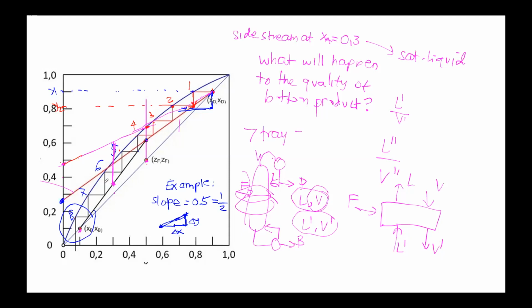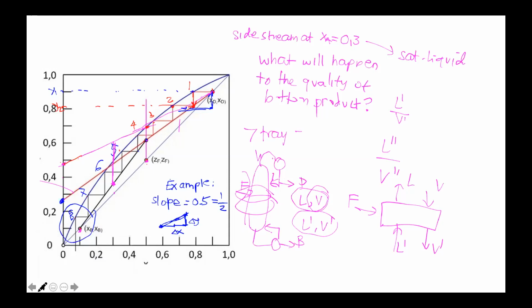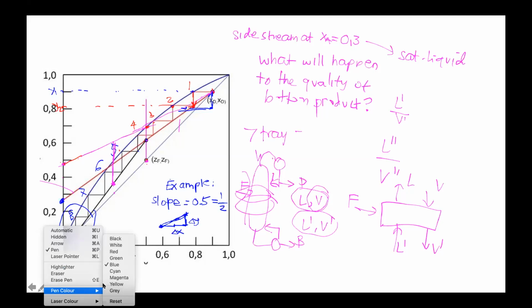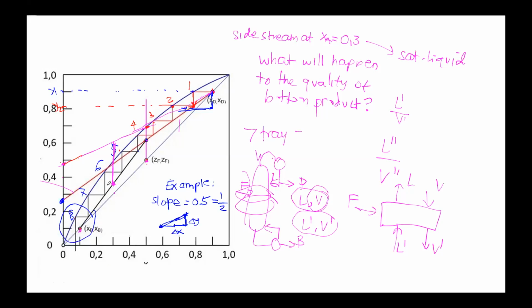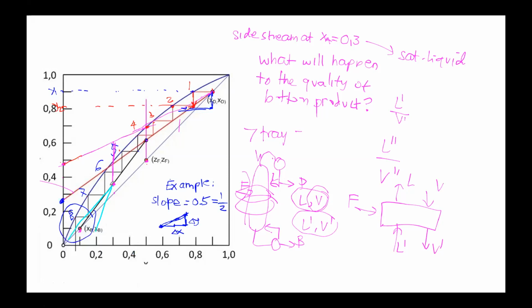What is your guess? Is it going to look like this, or is it going to look like that? Is it going to be the blue one, or the red one?